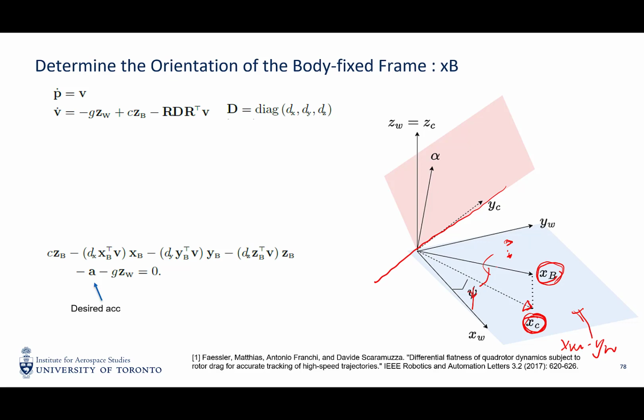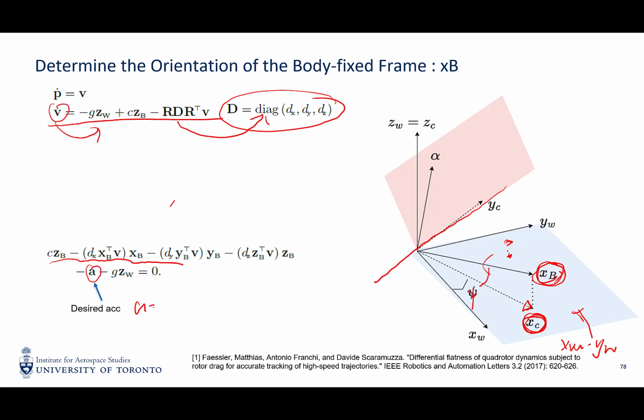Now this is a trick. So how to obtain this angle, or just how to obtain the xb? In the paper, by looking at this translational motion equation, and also by using the definition of D, one can move the V to the same side of the equation as V dot. So now the A is V dot.